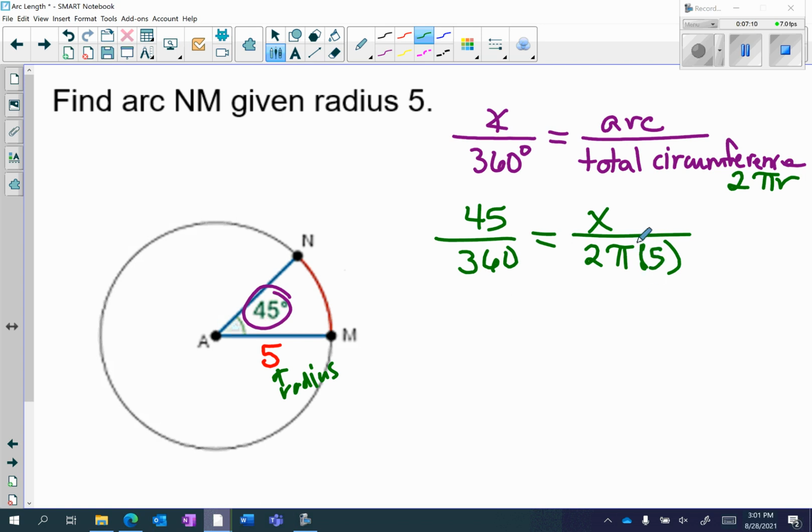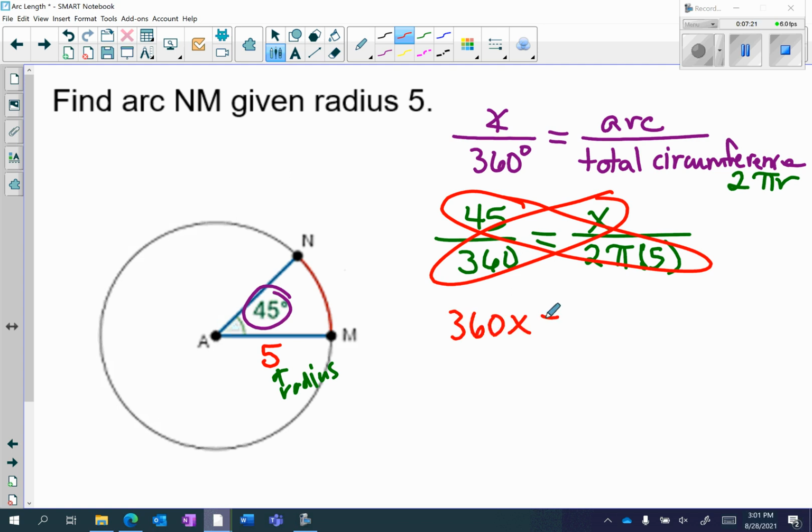Okay, so now, because we have a proportion, we are going to cross multiply. So 360 times x is 360x is equal to 45 times 2 pi 5. Now again, I'm going to leave the pi out. I'm going to put that in at the end. So 2 times 5 is 10. 10 times 45 is 450. And then I'm going to put the pi next to it.